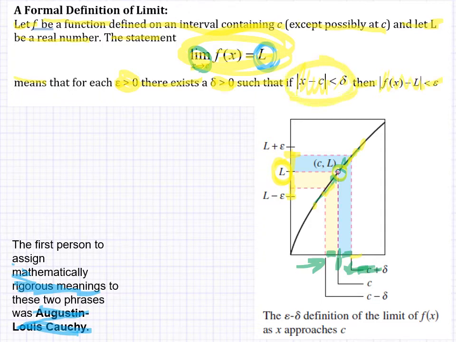When x gets close to c, f of x gets close to L.